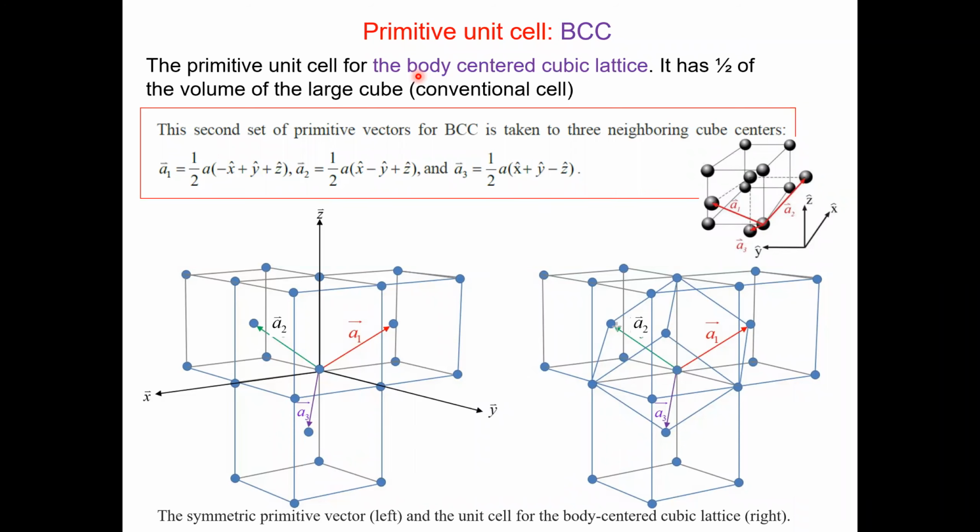Okay, we have A2 already, right? So now we build the length that is parallel to A2, right? Parallel to A2. Okay, good. Now A1.